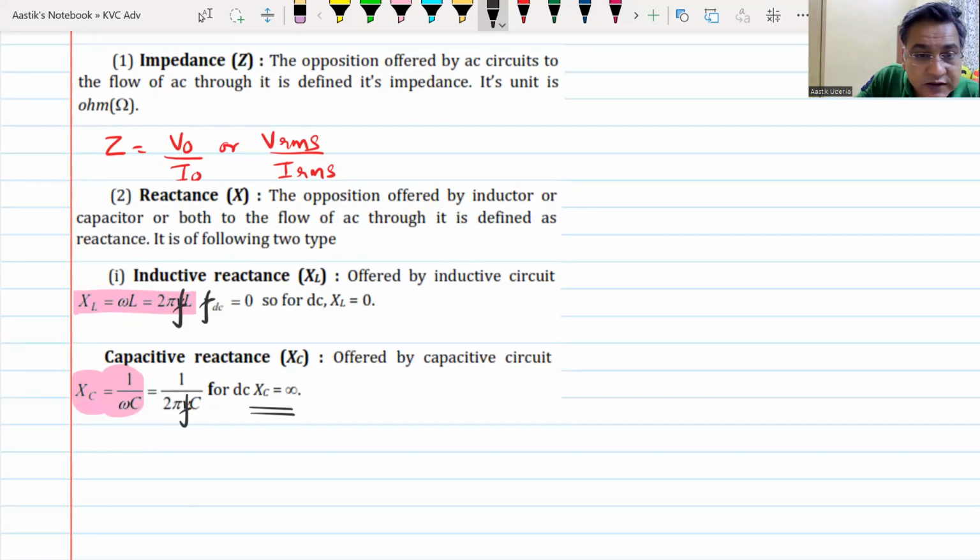Now, if I take the inverse of this, and I have not seen much question on this, but I am just giving you to be on the safe side. The inverse of impedance is known as admittance.